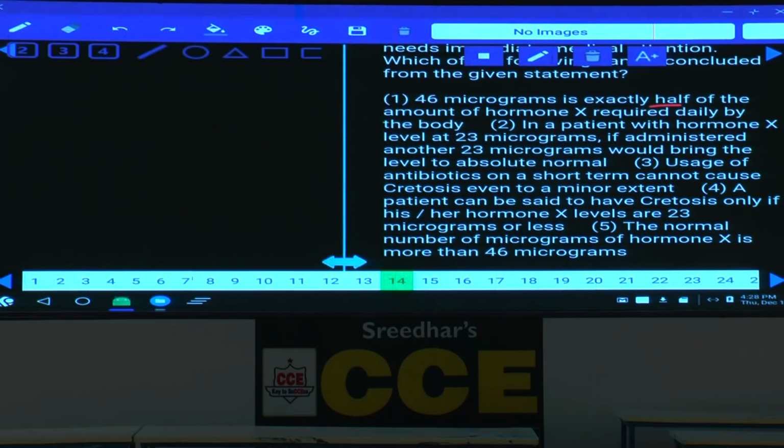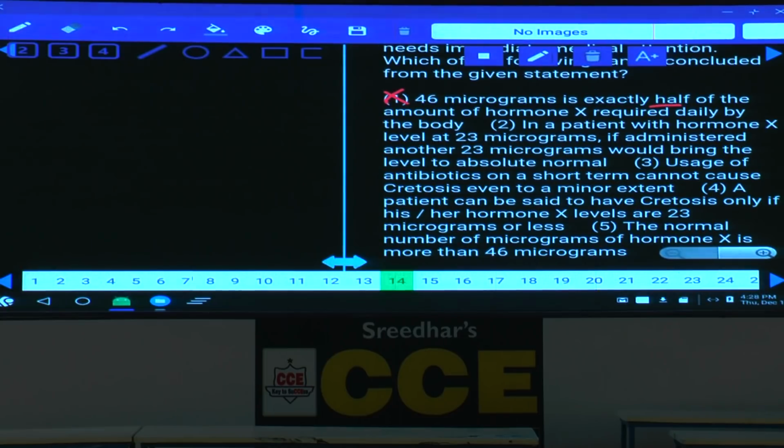The body can endure the level of hormone dropping to half the number. If it decreases to half the number, then also the body can sustain. But when it is decreasing to 23, then medical treatment is required. Whether this 23 is exactly half of the micrograms required or not is not clearly given in the statement. Hence, the first one is ruled out.